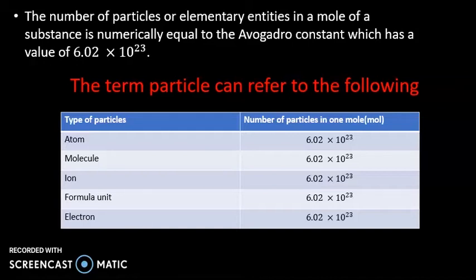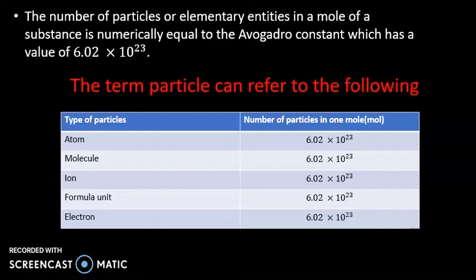What this means is, in any particle, whether it is an atom or molecule or ion or formula unit or electron, the number of particles in one mole is the same, which is 6.02 times 10 to the power 23. But that doesn't mean the mass is the same. They might have the same number of particles, but different substances have different masses.